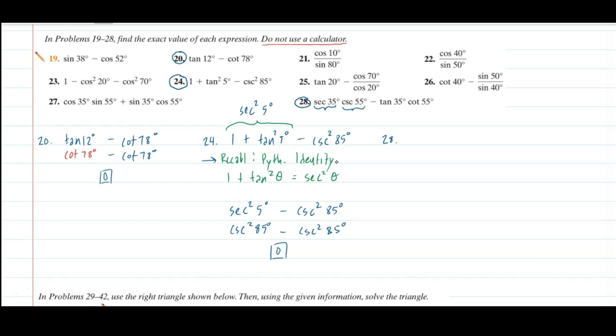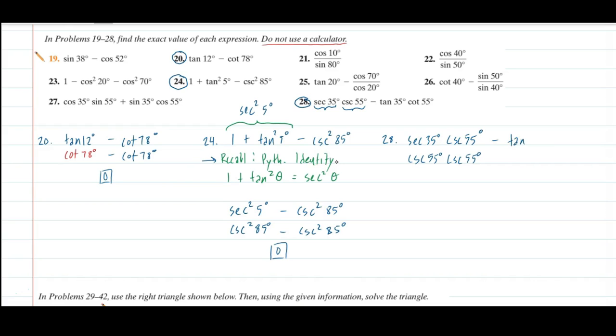So what I'm going to do here is I'm going to change the secant of 35 degrees into the cosecant of 90 minus 35 degrees, which is actually 55 degrees. All right. So this one said cosecant 55 degrees, all right? So if you think about it, you'll have cosecant 55 degrees times cosecant 55 degrees, all right? Think about what that means.